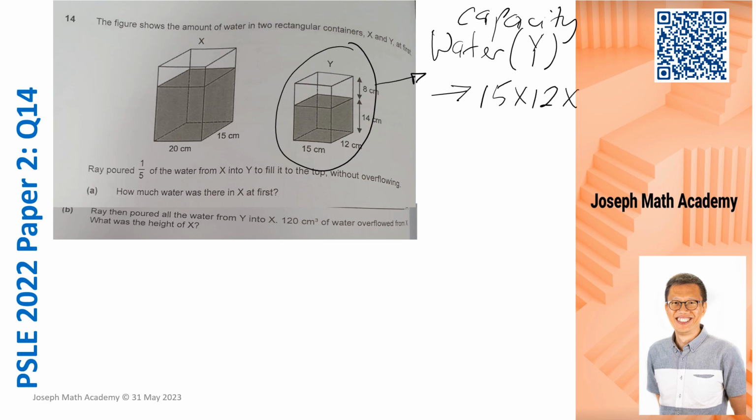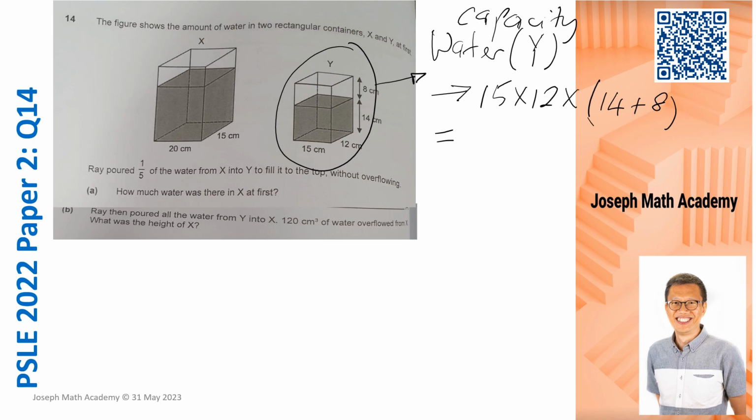Now the height is 14 plus 8 because it's already full of water. Water from X has occupied the airspace in Y.